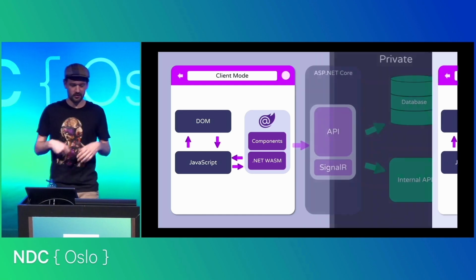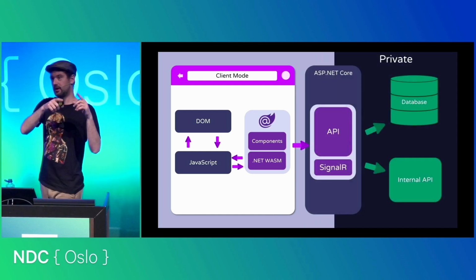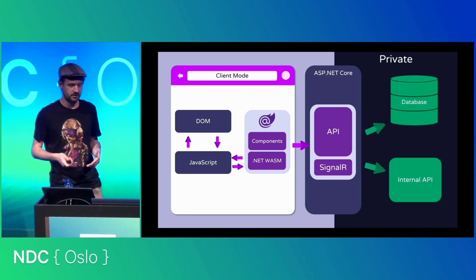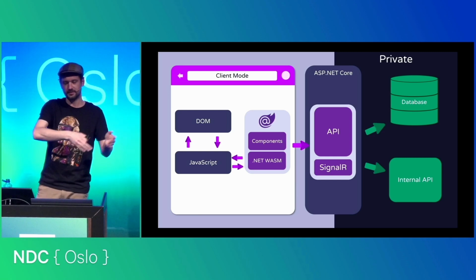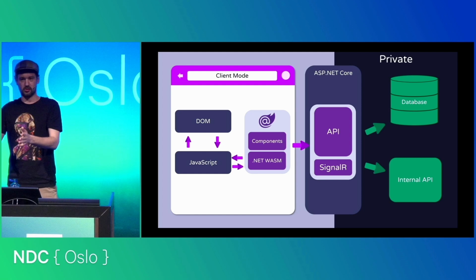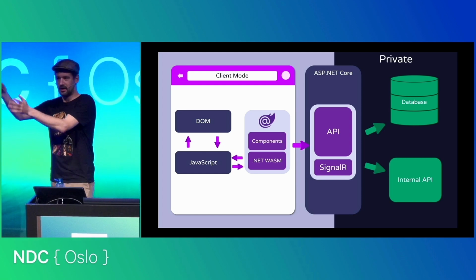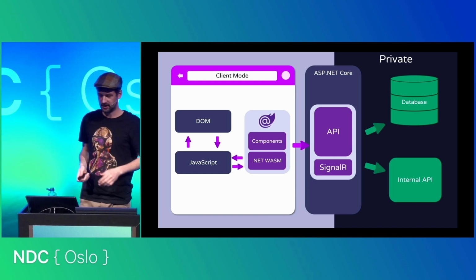If we zoom into the client mode, how we would write our application is that we have our components in the browser, then a server application with some API which connects to our private database or internal APIs, and maybe we add some SignalR.